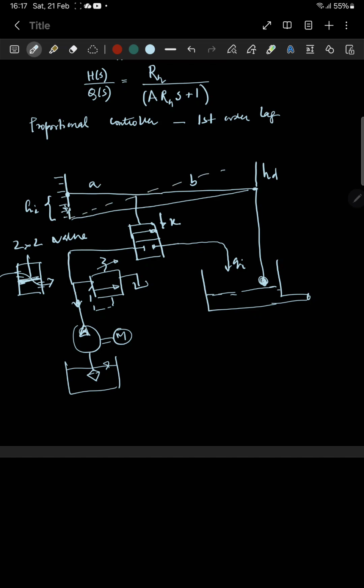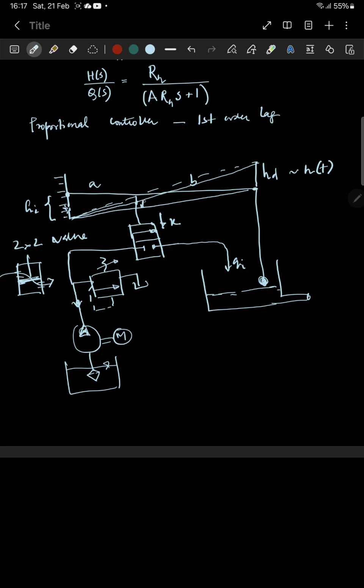This was initially set. Okay, and when this float rises, it will rise to a height of h, which is a function of t, and this will be something of this sort.